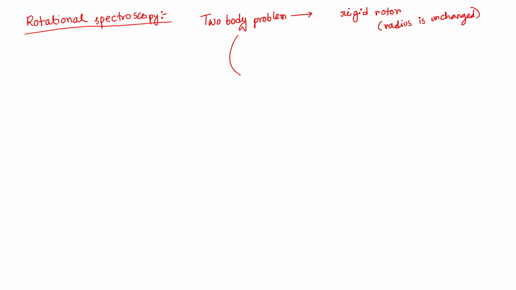So we will convert it to a one body problem by taking the reduced mass and the radius of this rigid rotor, and from there on we will try to solve it quantum mechanically, but we will not do the quantum mechanical part here. But let me give you an idea.